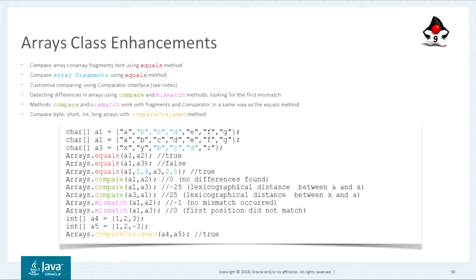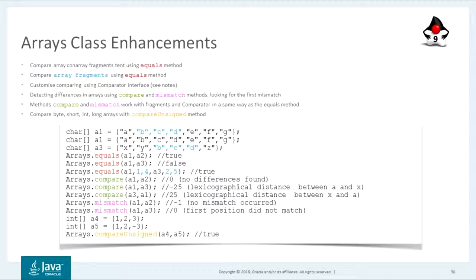But if I compare A1 to A3, they're not, because they have different content. However, I may compare a fragment, highlighted in blue, fragments from different arrays, from position to position. So if I take array 1 and compare content from position 1 to position 4, and array 3 and compare the content from position 2 to position 5, they are B, C, D in both of the arrays, so that fragment of these two arrays is the same, so the equals method will return true.